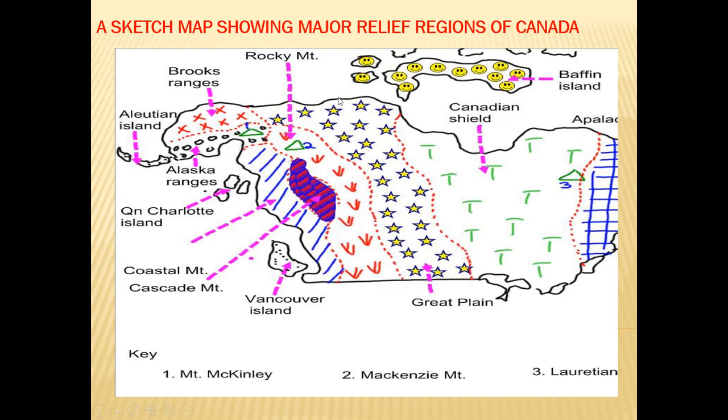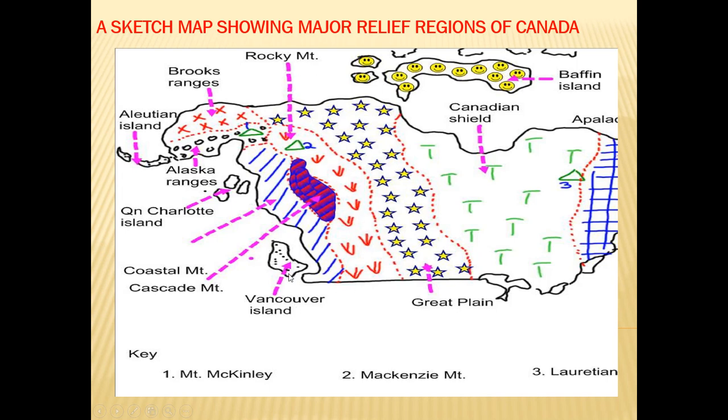So this is a sketch map showing the major relief regions of Canada, which we've verbally outlined above. And from the west, we said we have the Alaska Ranges, we have the coastal ranges or the coastal mountains, we have the Cascade Mountains, and then a region comprising of the Rocky Mountains as you come to the interior.